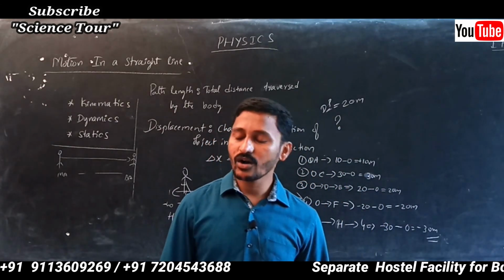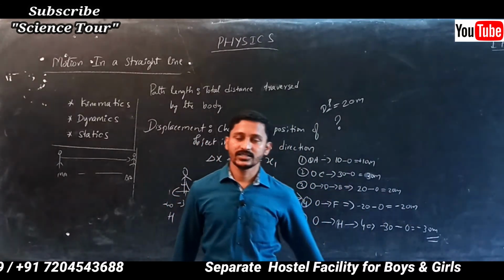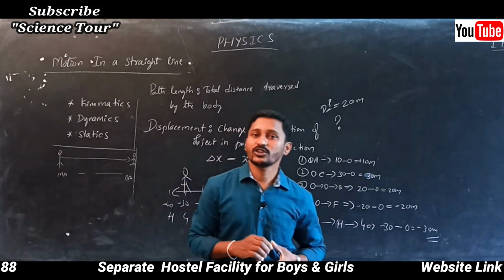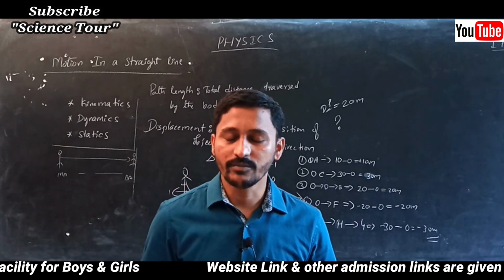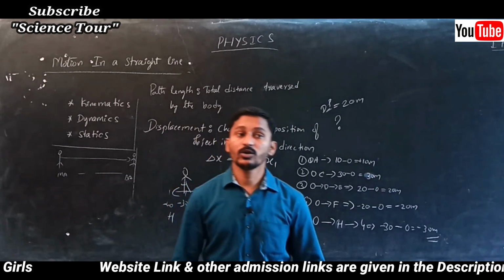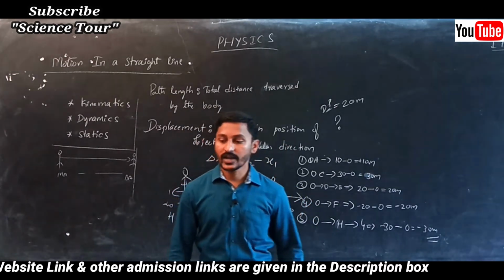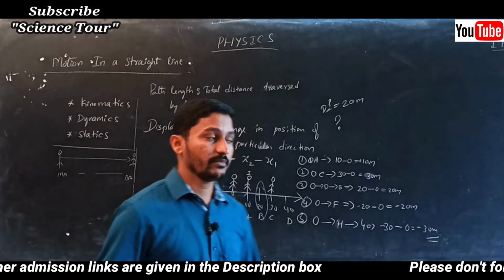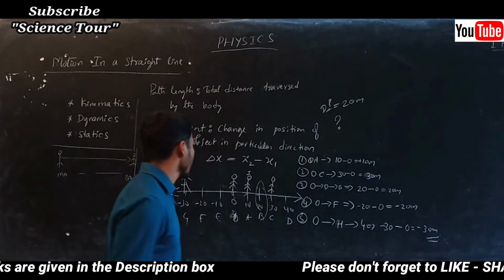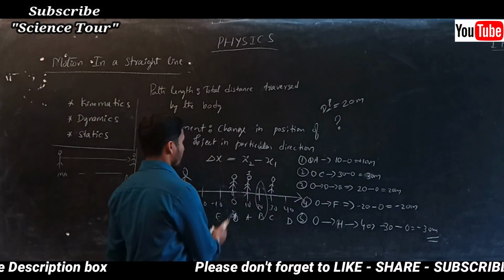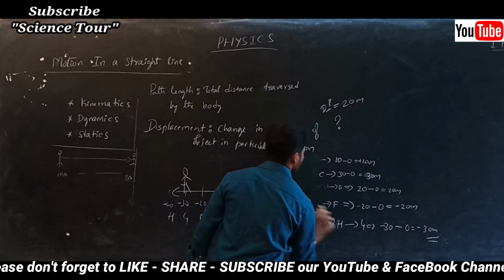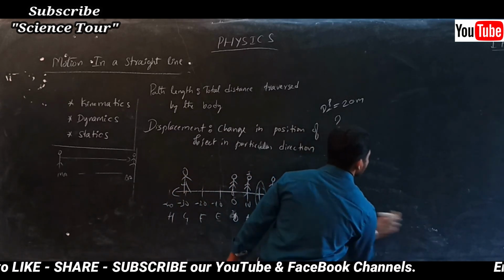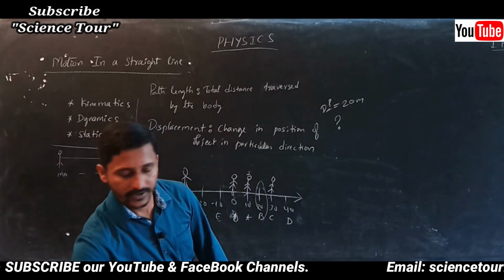Why are we doing all this? Because we are interested to study the motion of the object, to find out the exact position of the object, and we want to know about the motion of the object. That's why we are bringing in some mathematical steps, so that we can find out the displacements, okay, like that.